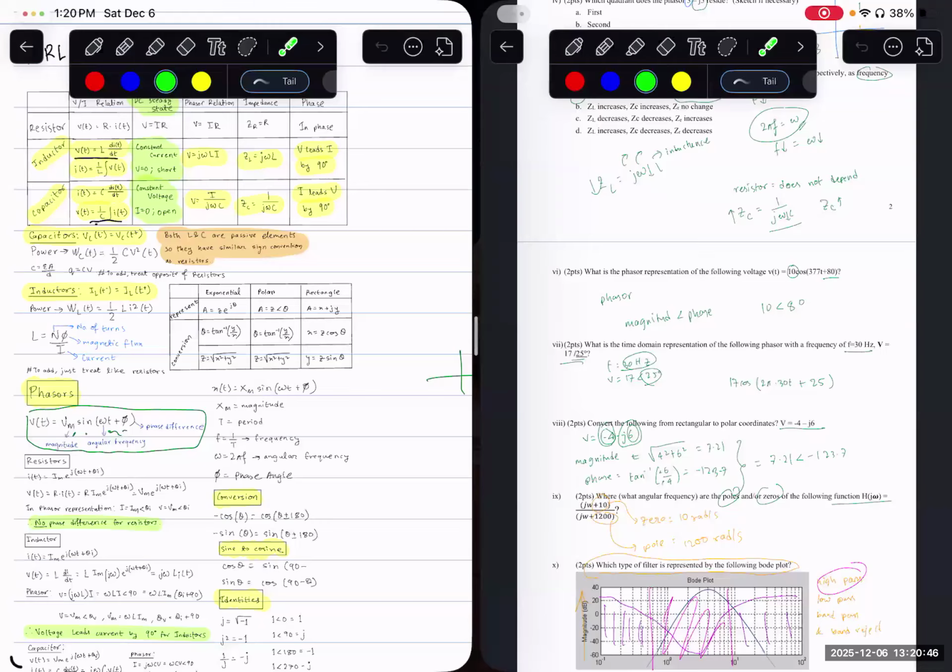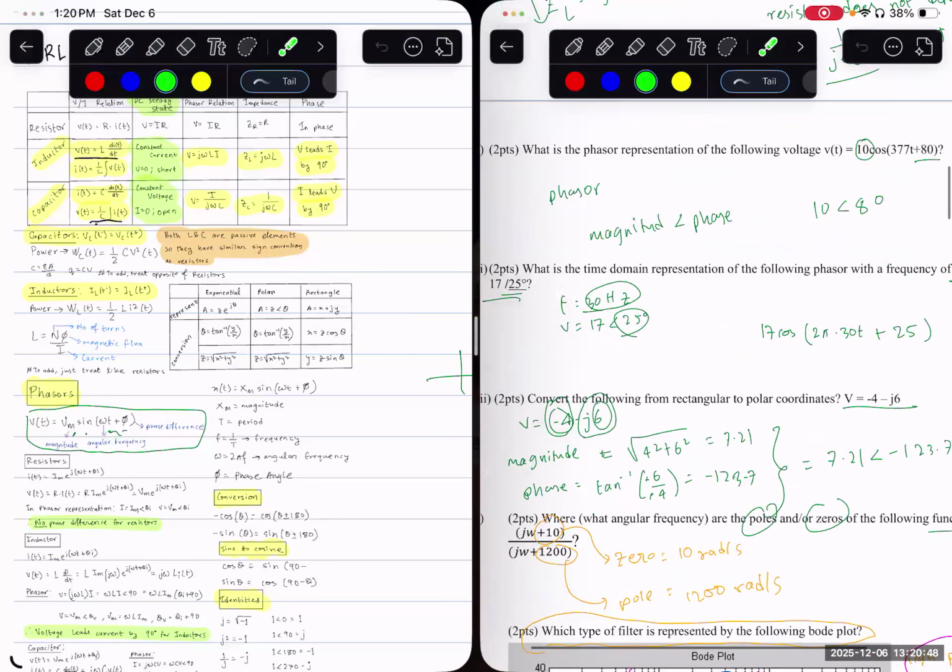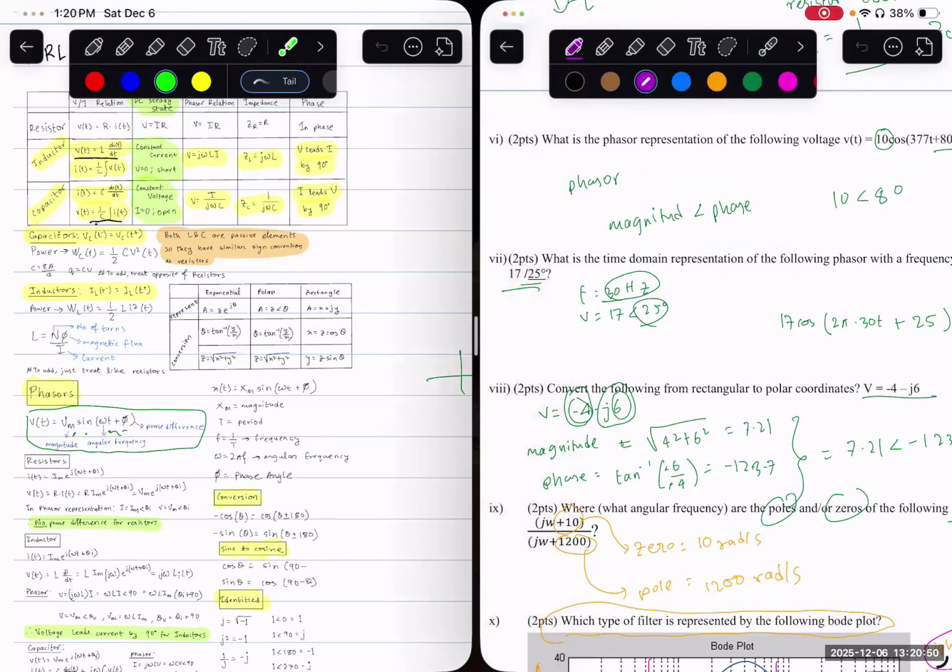So we have this frequency. Okay. So the question is, how do we determine if it's a sine or cosine? That's a good question, actually.